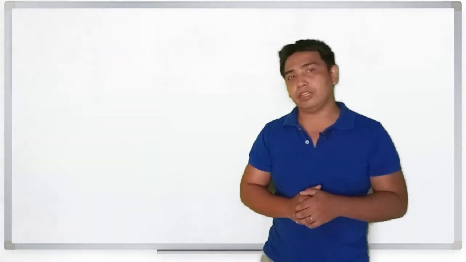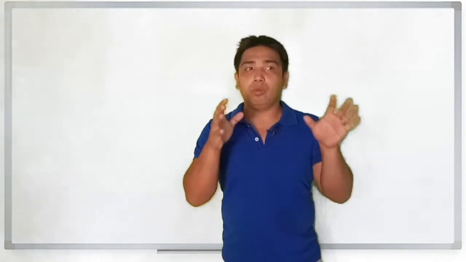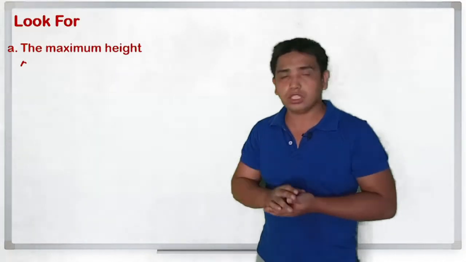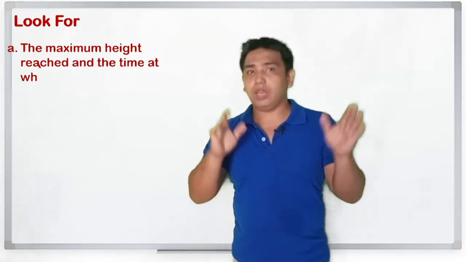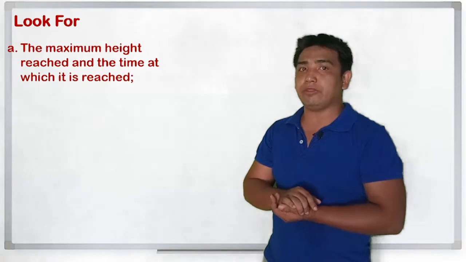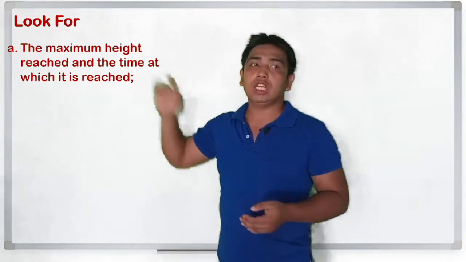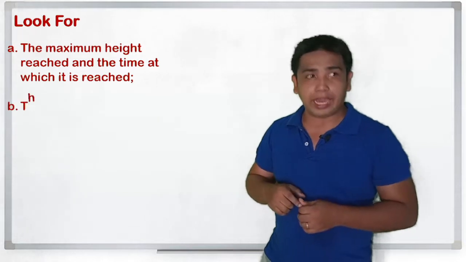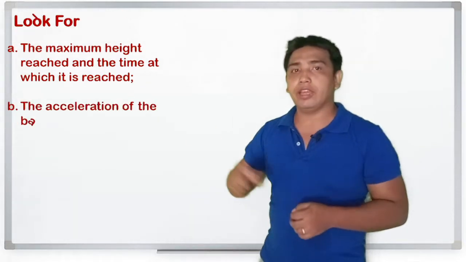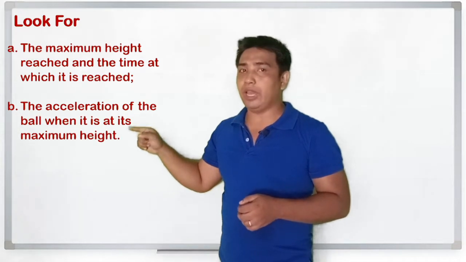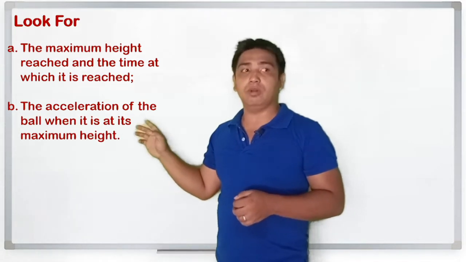Based on this scenario, we are asked to find the maximum height reached by the ball, and how much time it takes for the ball to reach the maximum height. Then, in part B, we are asked to look for the acceleration of the ball when it is at its maximum height.